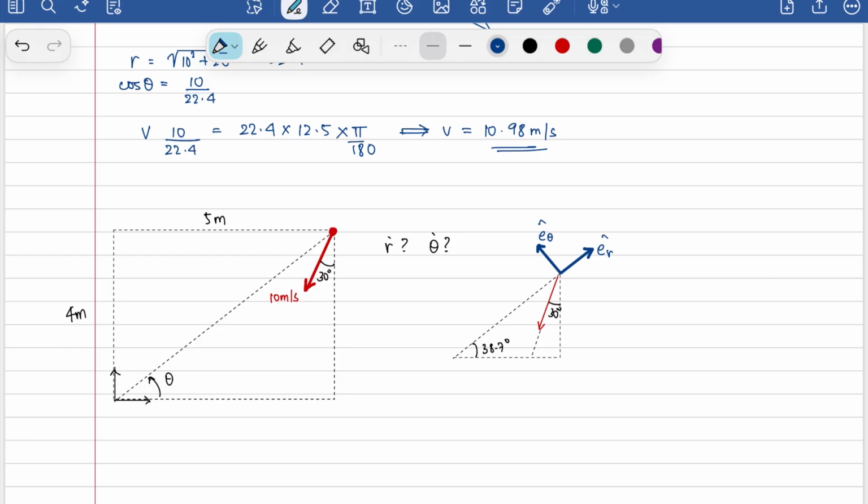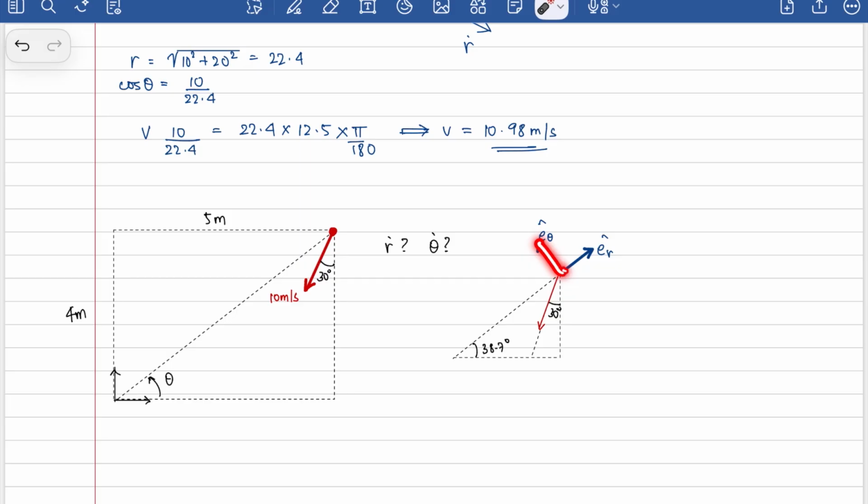Okay, what can we do now? Can we find the components along these unit vectors? Yes. At this point, I believe I've given enough hints, so you can try and solve this yourself. Pause the video and try to obtain the solution. What is r dot and what is theta dot?